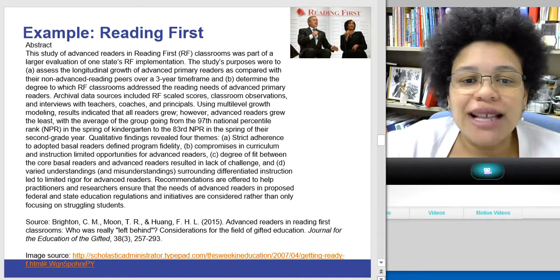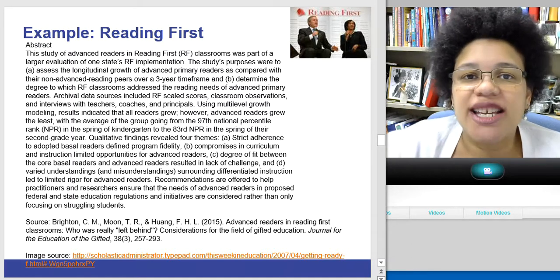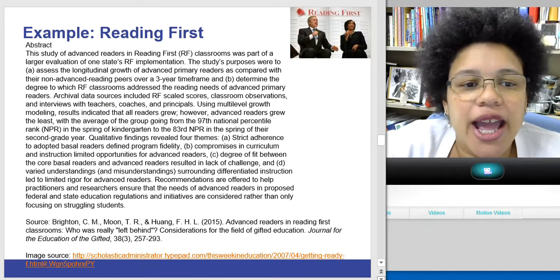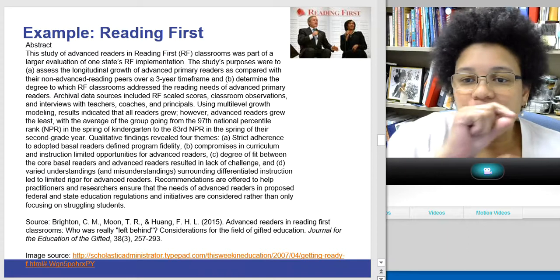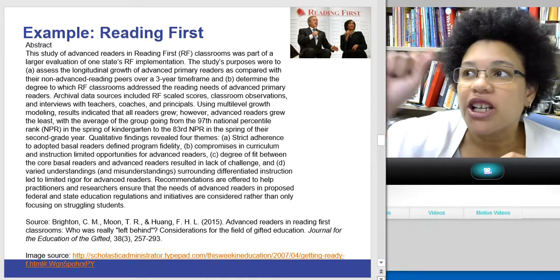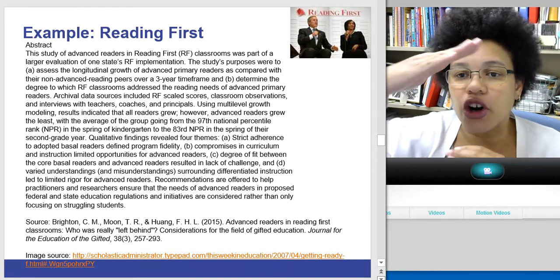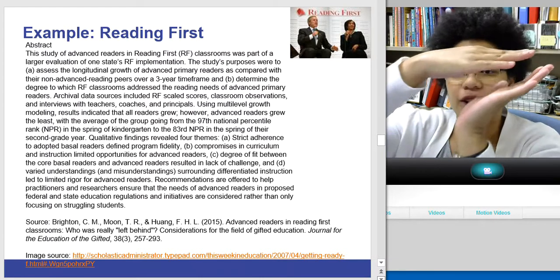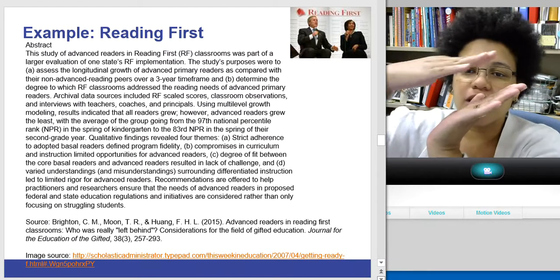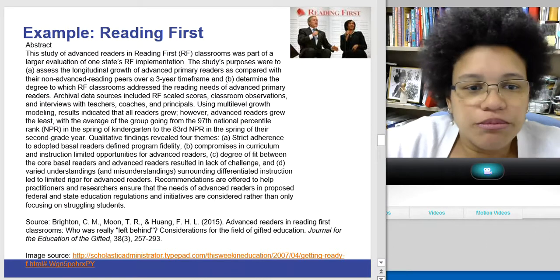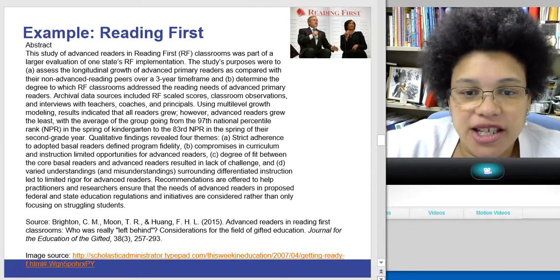They used multi-level growth modeling, which is an advanced type of regression analysis. And that's how they got the plot of how much kids were growing. They were looking at the curve, the graph of growth among gifted and typical kids. And then they did the interviews.